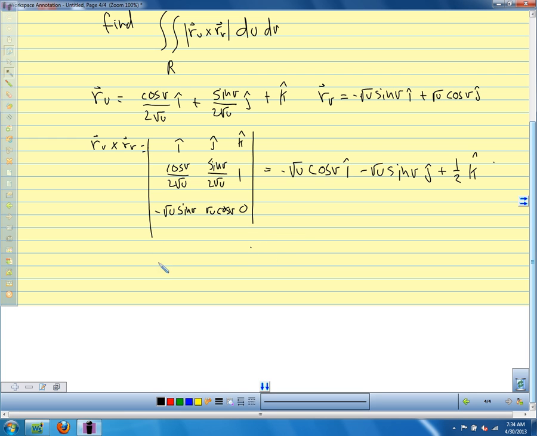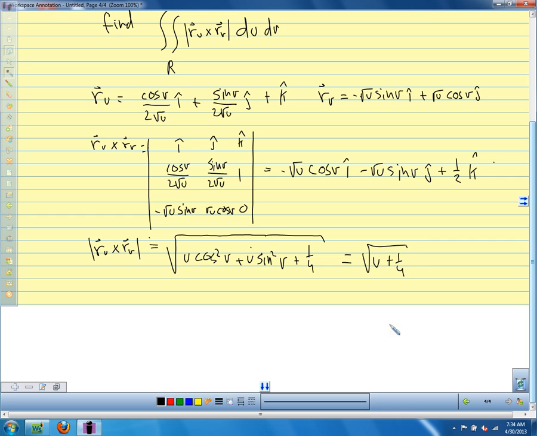Now we need to find the magnitude of this. The magnitude of r sub u cross r sub v is the square root of u cosine squared v plus u sine squared v plus 1/4. This simplifies, so it's not quite as messy as it would seem. We get square root of u plus 1/4.